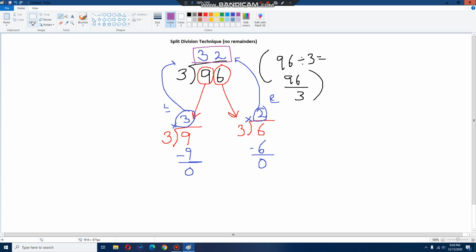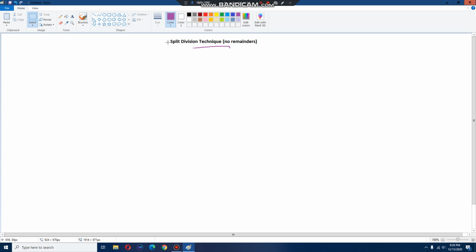Let me show you another example, this time with a couple more numbers. Let's do 3 numbers this time. How about 455 divided by 5, for example? Take a look again. First, you count how many numbers you have inside the division box.